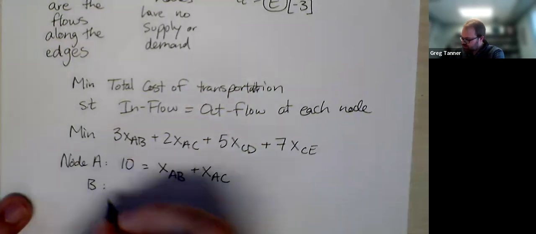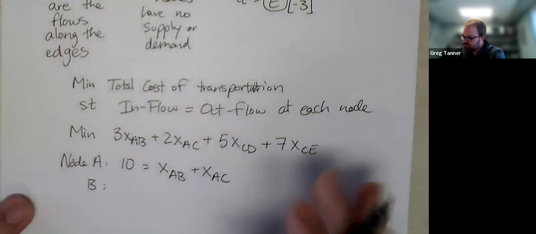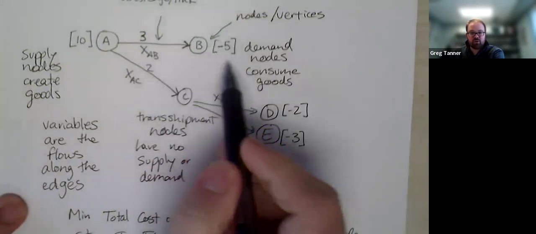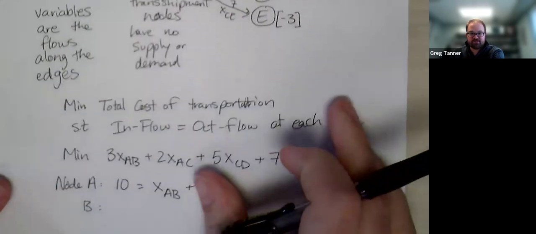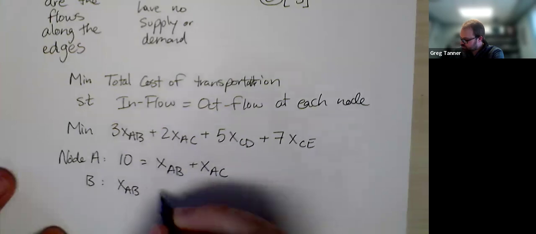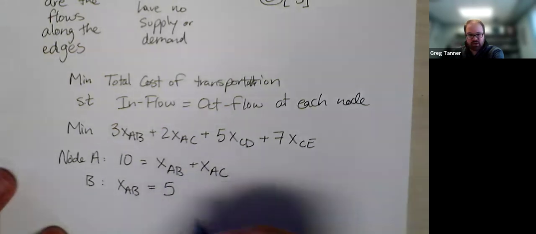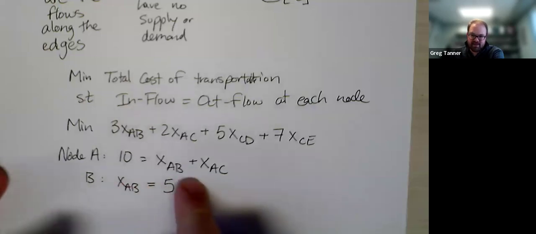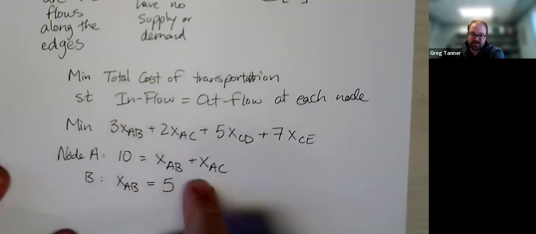And then at node B, the inflow is XAB, the outflow is the demand of 5 units. In this case, I'm writing it as a positive 5 on this side of the equality.